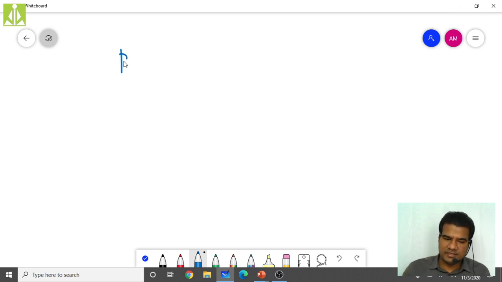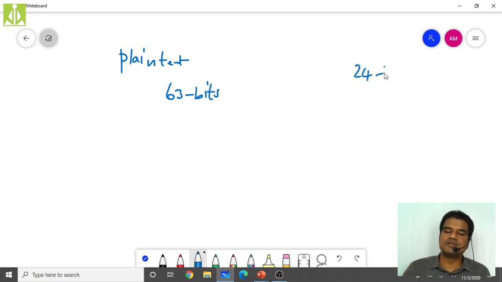Assume that our complete plain text size is 63 bits, and I want to divide this plain text into equi-size blocks. Let us assume I have taken a block size of 24 bits.